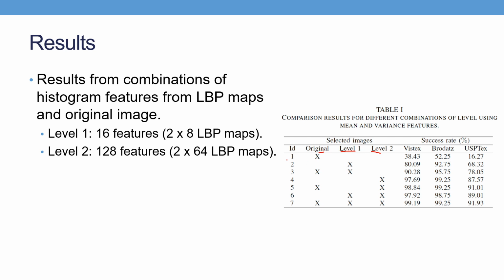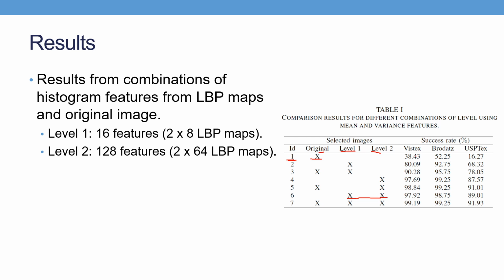This ID1 experiment uses just mean and variance computed from the histogram of the original image. Here in ID6 we used means and variances from all histograms computed for all LDP maps at levels 1 and 2. They were combined in a single feature vector and used to classify the samples.